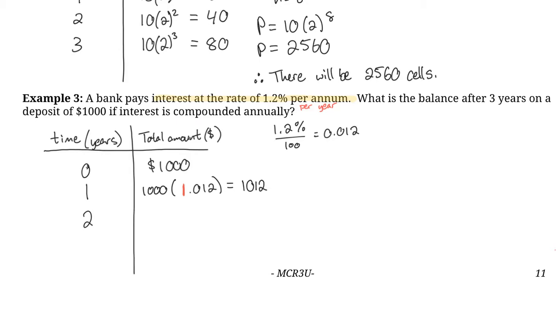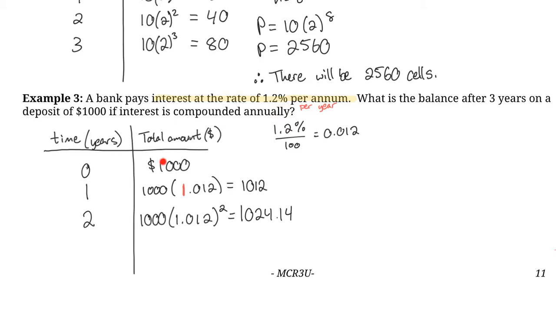And for our second year, if we went back and took this $1,012, multiplied it by 1.012, you would get $1,024.14. So that's just our original $1,000 multiplied by 1.012 and then multiplied by 1.012 again.